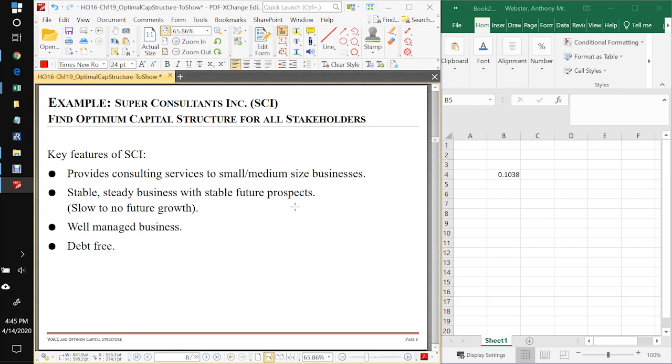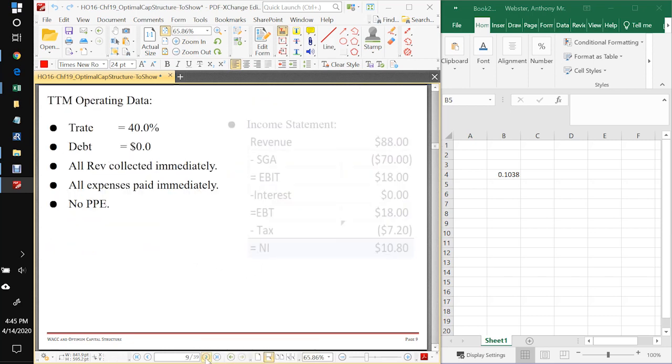These are our usual simplifying assumptions that make the accounting so much nicer for us. So the key thing here is slow to no future growth. As we saw in the previous chapter, that makes everything very simple accounting-wise. It's a well-managed business, and right now it's debt-free. So D over D plus E is equal to 0 right now.